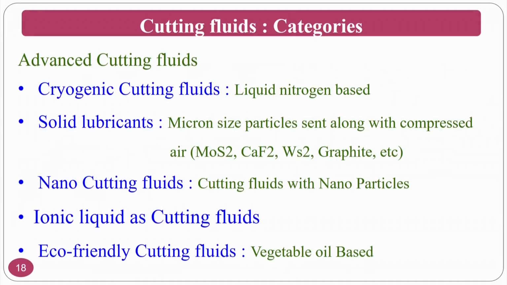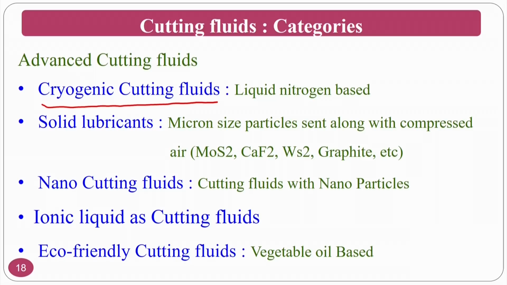Okay, whenever we want to go for the advanced versions, these are the advanced versions of the cutting fluids. The first and foremost is the cryogenic cutting fluid. Normally cryogenic cutting fluid is nothing but a liquid nitrogen based fluid. This is basically used for high temperature applications, wherever titanium or ceramic materials are machined.